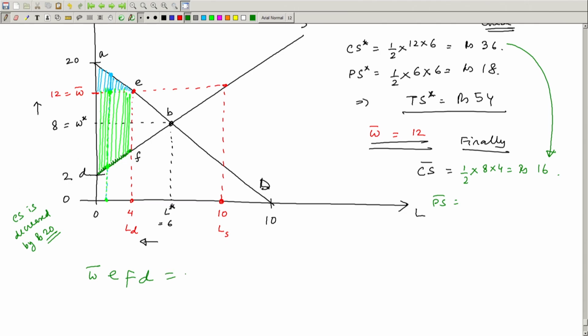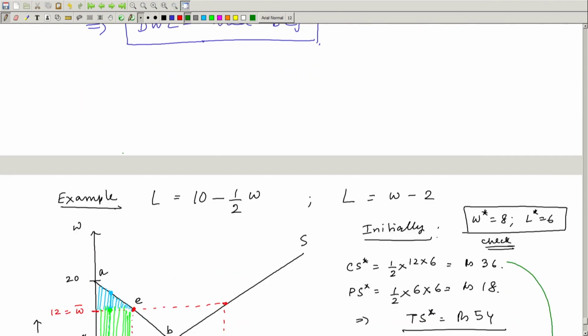Now, I am going to use the sum of the areas. So, the rule is 1/2 times the sum of the parallel sides. So, W bar D plus E F times the height, which is W bar E. So, if I do that, that is going to give me 1/2 times W bar D is 12 minus 2, which is 10, E F is 12 minus, I need to identify what this point is.